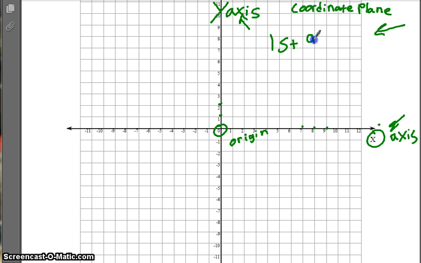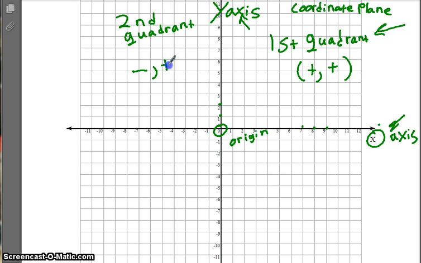The first quadrant, which indicates 2 positive numbers. The second quadrant, which indicates a negative and a positive number.